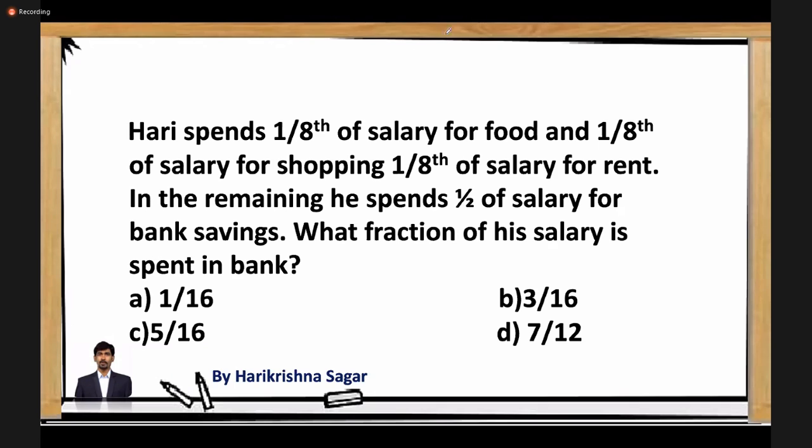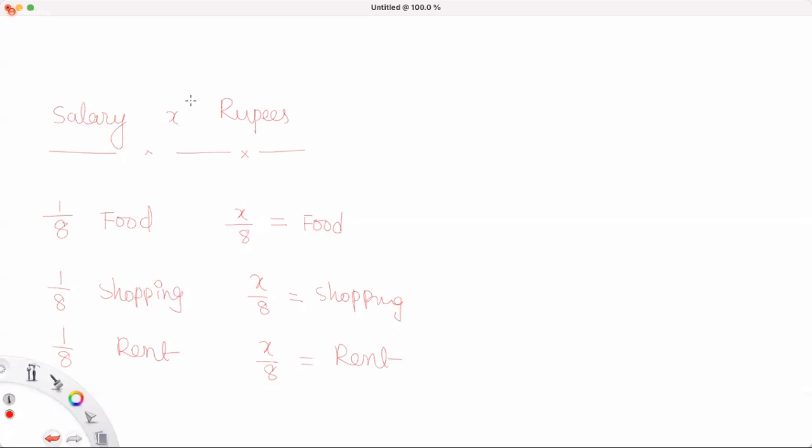Out of the total X rupees, X by 8, X by 8, X by 8, so 3X by 8 rupees is gone. What is the remaining? X minus 3X by 8, that means 5X by 8 will be the leftover.